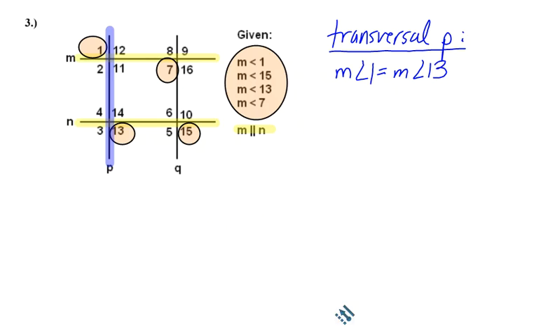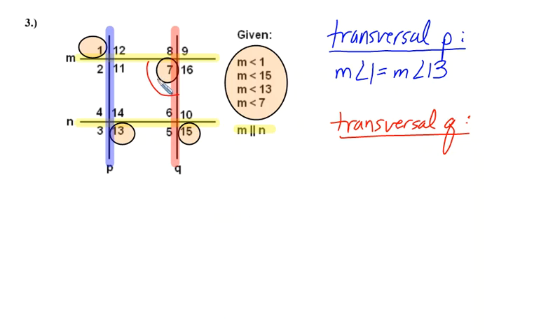And then we have one more potential transversal in this picture. That would be transversal Q. And when we look at transversal Q in this picture, the two angles are 7 and 15. Now keep in mind here, those are not a special named angle pair that we've discussed.